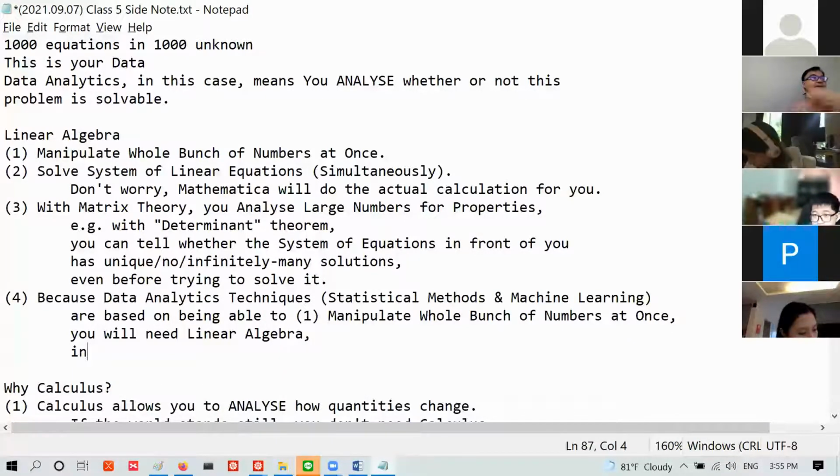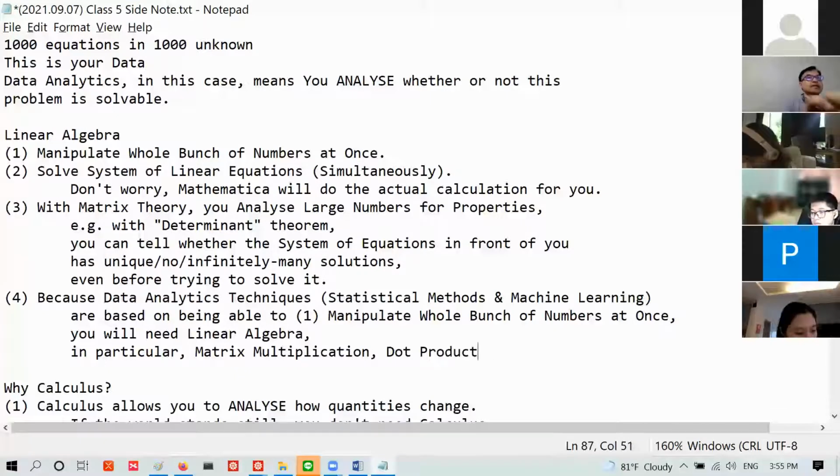In particular, I'm going to list the topics. Okay, matrix multiplication, dot product, determinant, matrix inverse. Now matrix inverse is like solving a system of equations.